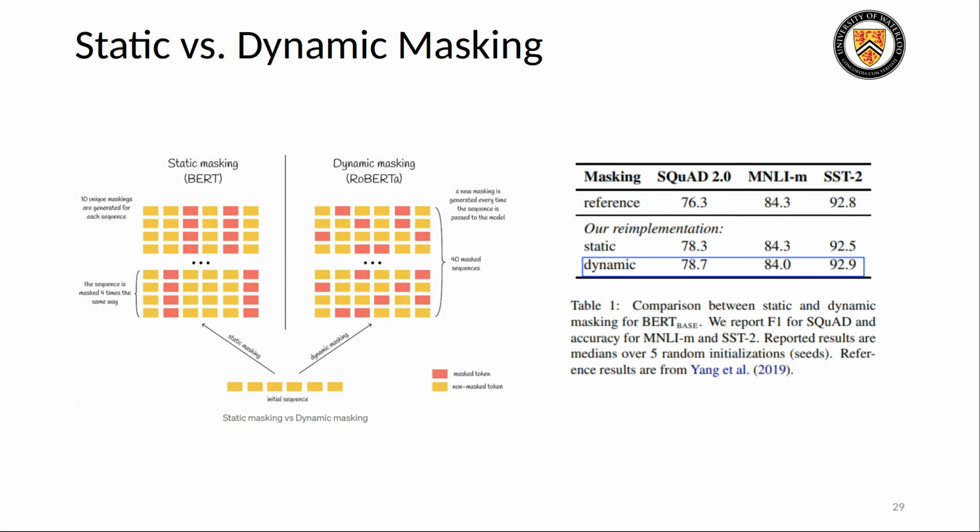In contrast, RoBERTa uses dynamic masking, where the masking is generated every time the input is fed into the model during pre-training. This allows RoBERTa to use different masked tokens for each training epoch, which can be beneficial for learning robust representations of the masked tokens. The authors of RoBERTa found that dynamic masking led to better performance compared to static masking.